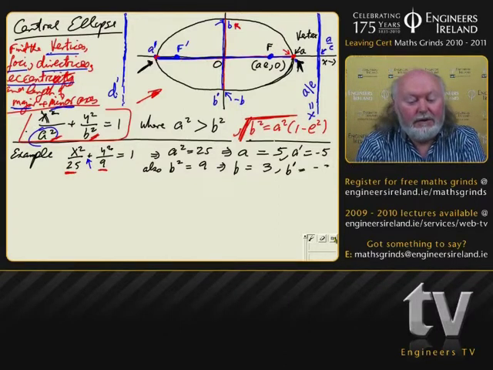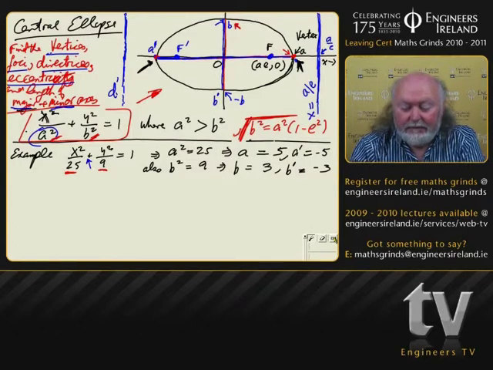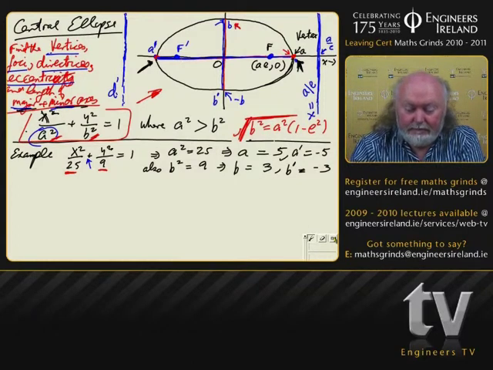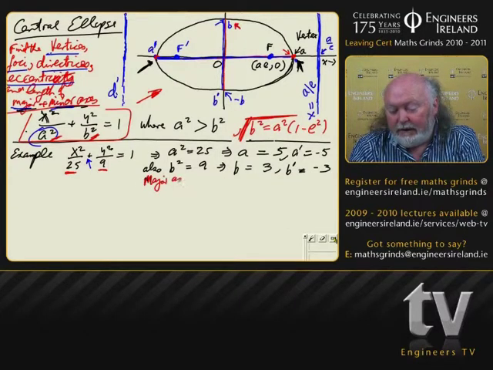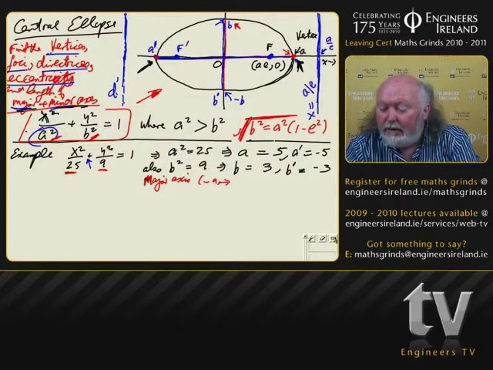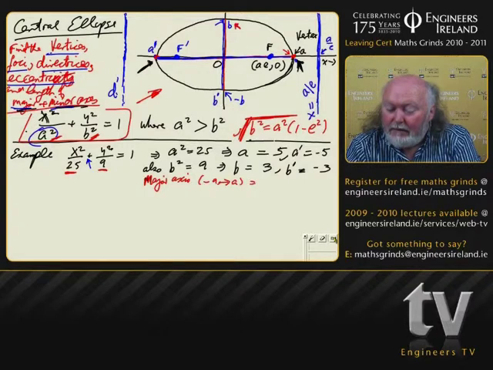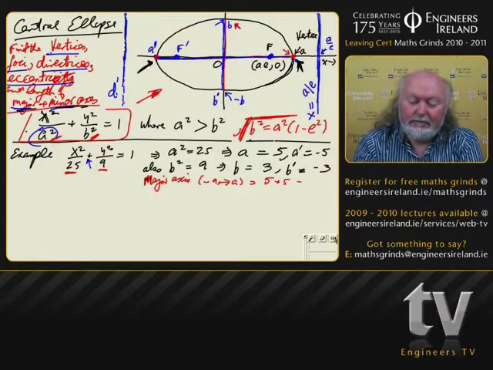Now we can do the easiest ones first, the major and the minor axes. Major axis goes from minus a all the way across to a. So it's equal to 5 plus 5, which is equal to 10 units.